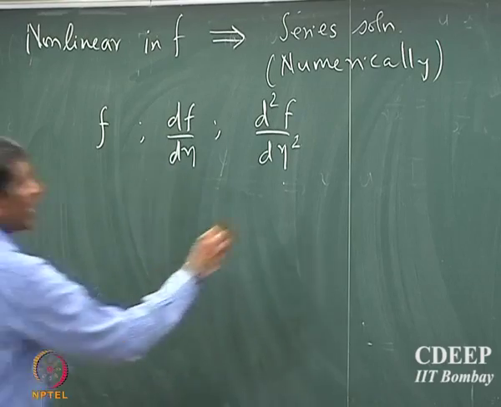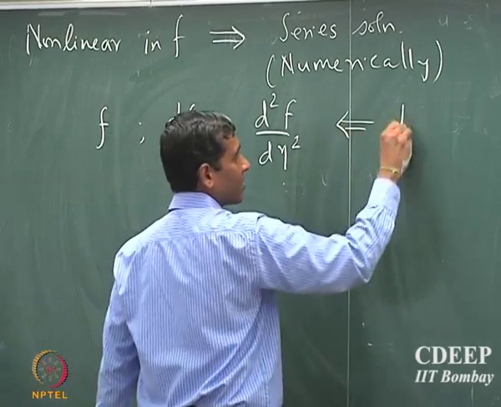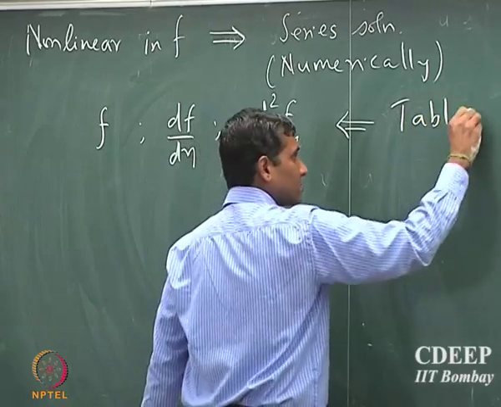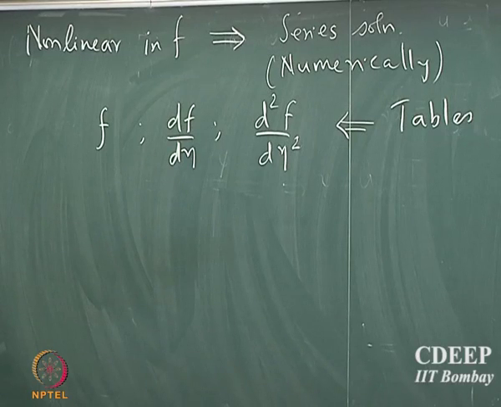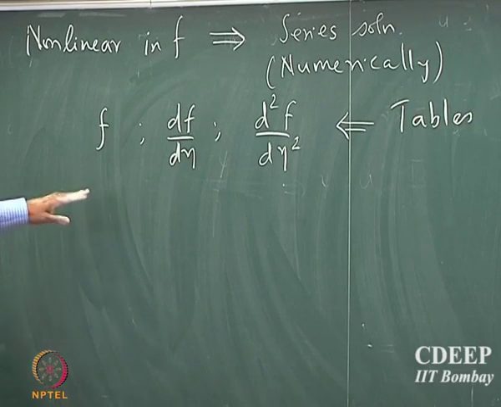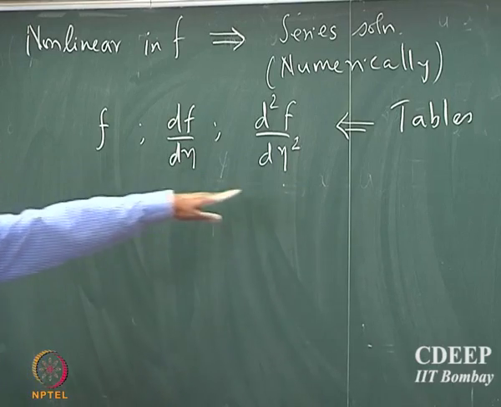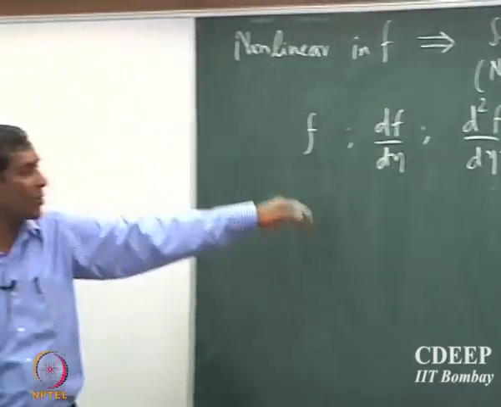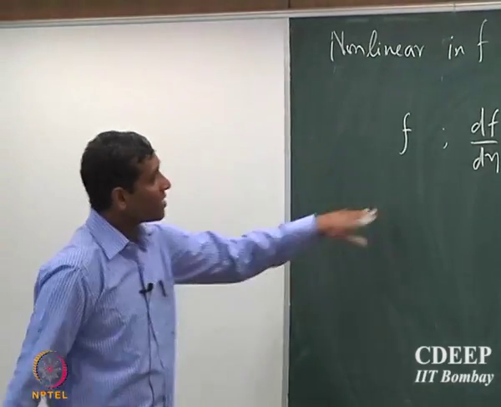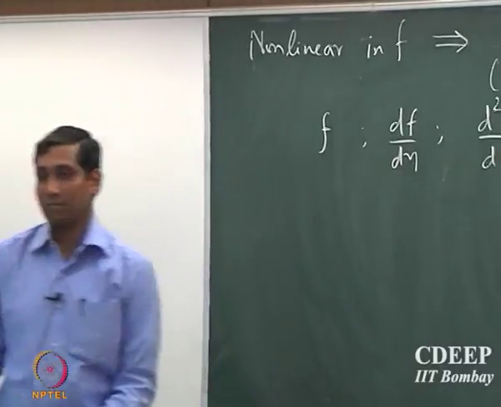There are standard tables available. Again, these tables did not come by magic; somebody has painstakingly worked out all these numbers for this differential equation. It's there in your text and also in other references. So if you know these gradients, we are done.